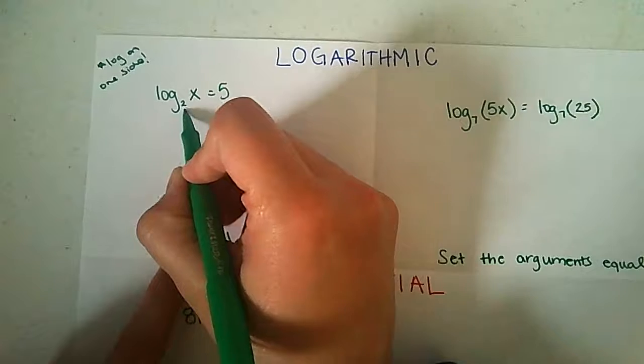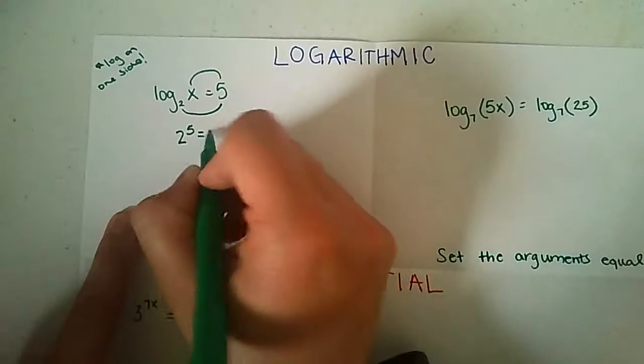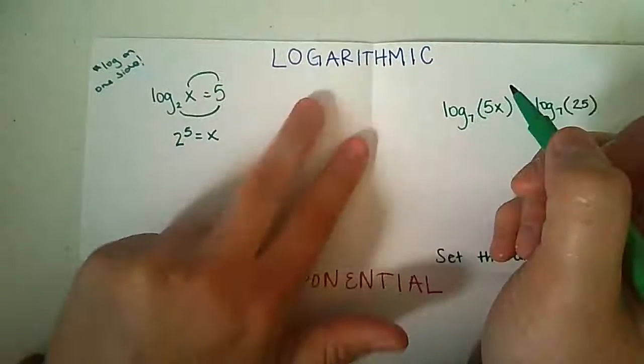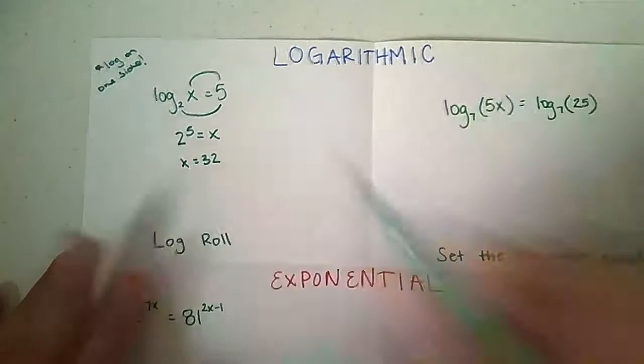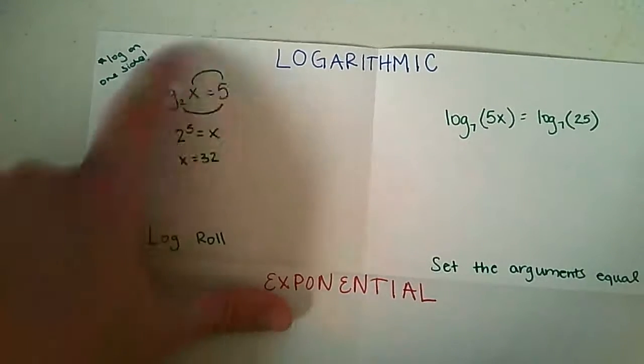Remember, we start at our base, go to what it equals, and then what's left. So when I do my log roll, I'm writing it in exponential form. And now whatever 2 to the 5th is, let's see, 2, 4, 8, 16, 32. So our answer is 32. So if you only have a log on one side, that's where we do our log rolls.